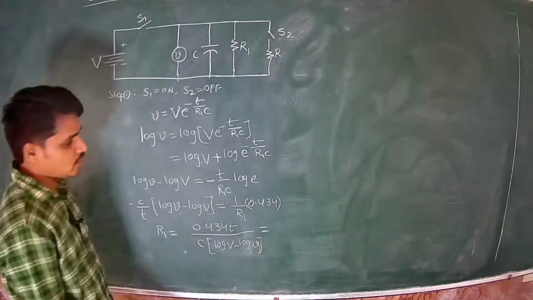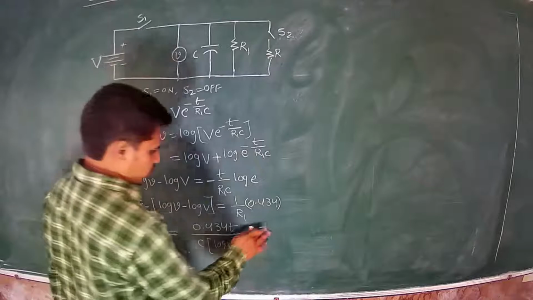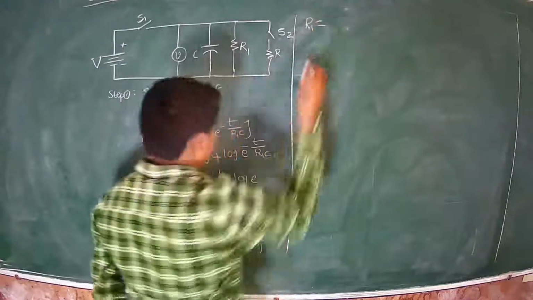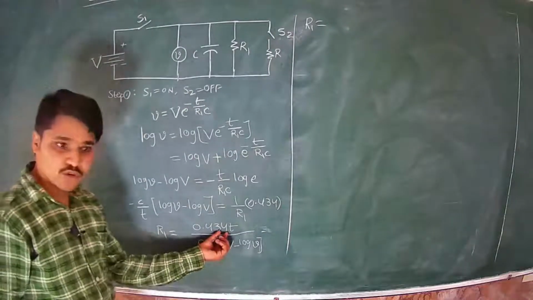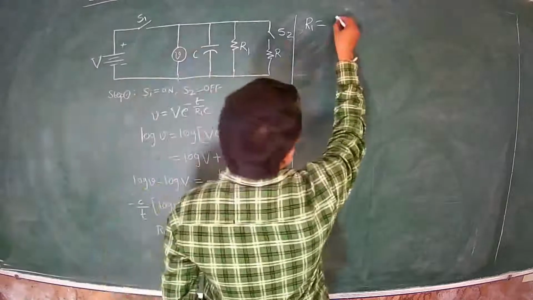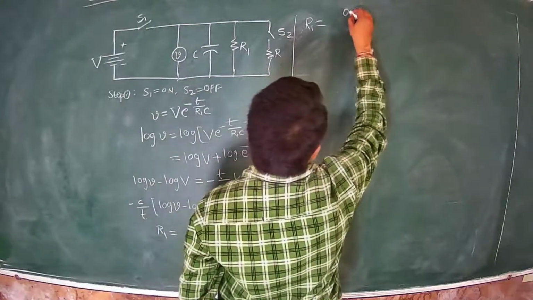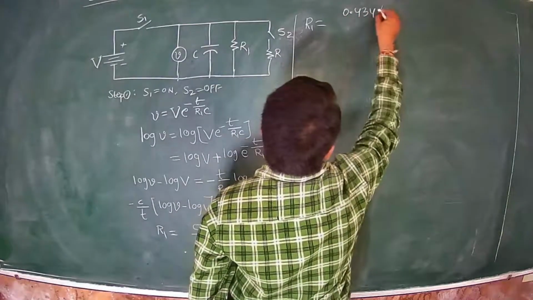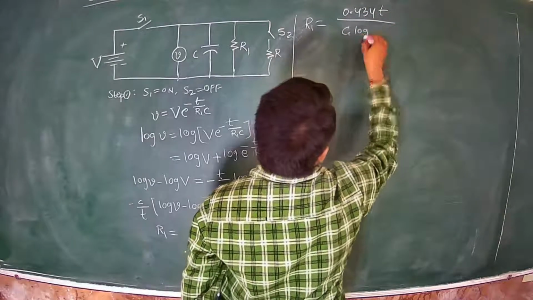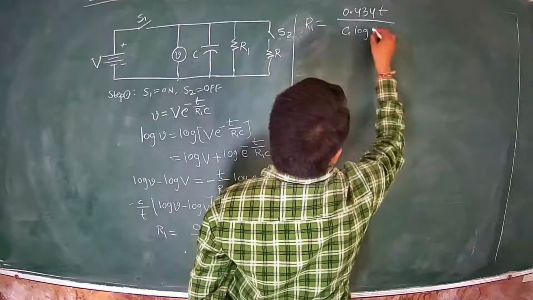So therefore R1 equals 0.434 t over C, and log A minus log B is log A by B. Therefore R1 equals 0.434 t by C into log capital V by small v.